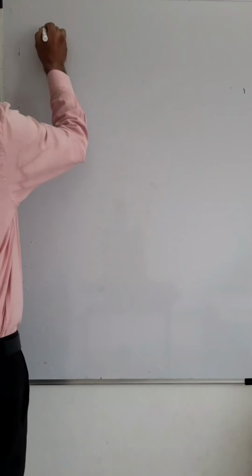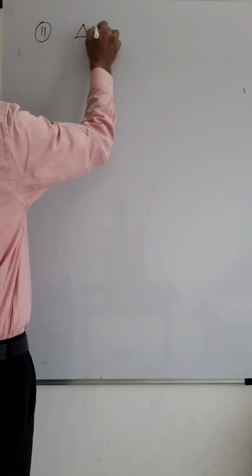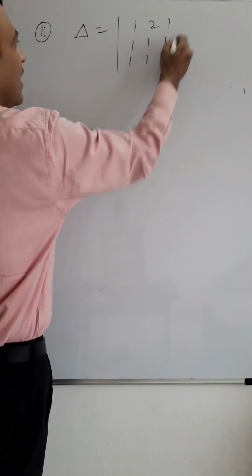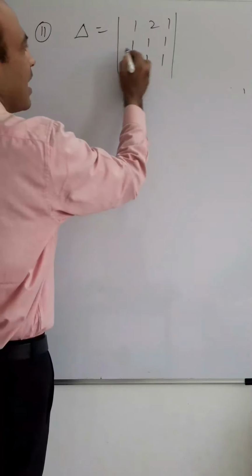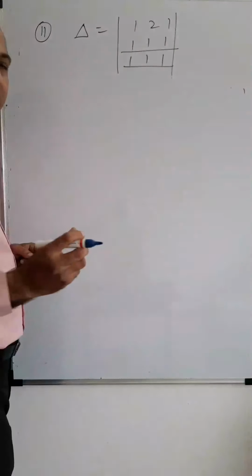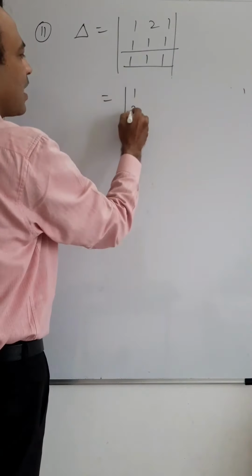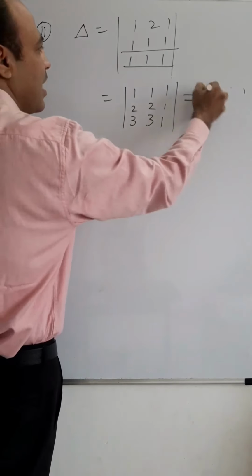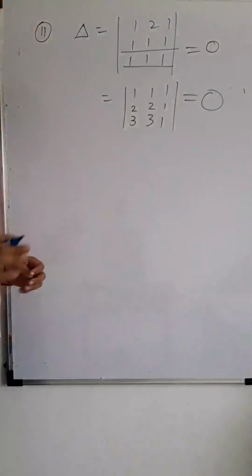Now this is a very important property. 1 2 1, 1 1 1, 1 1 1. In a determinant, if 2 rows are identical, or 2 columns are identical, then the value of the determinant is 0. This is very, very important.